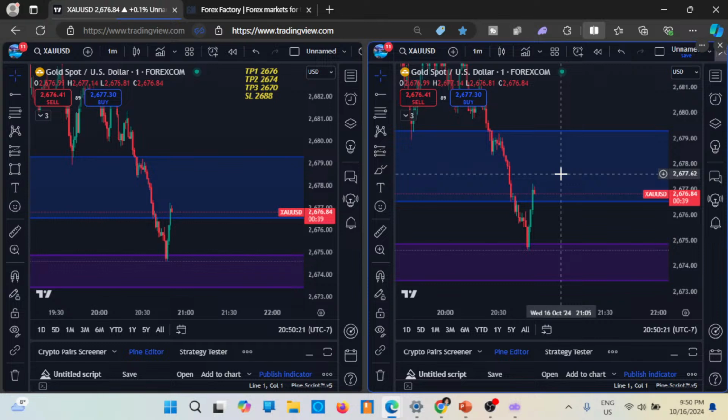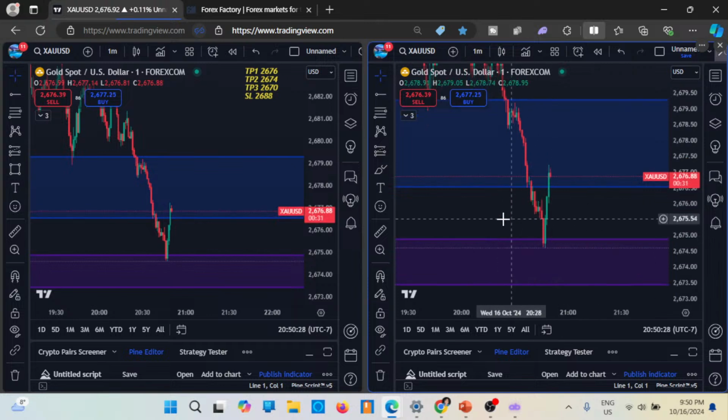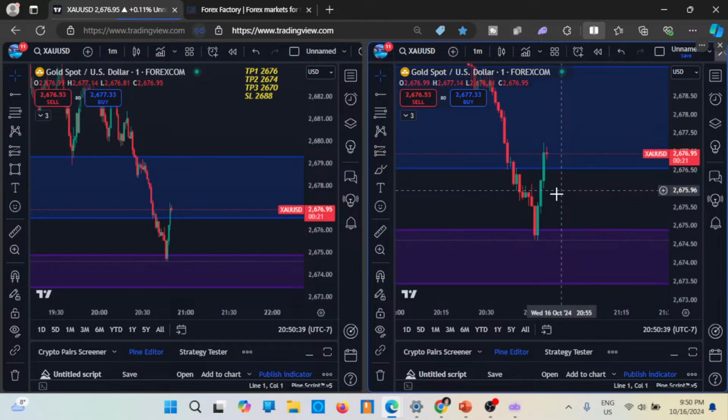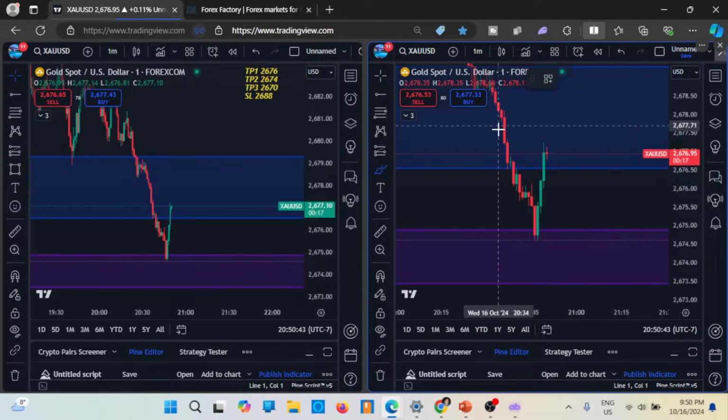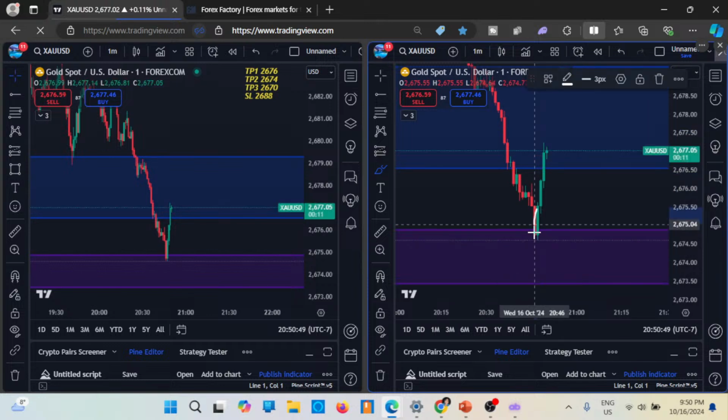How do you confirm that the support is holding? Great question. So what I use for confirmation, I just need to see a bullish candlestick, a bullish 1 minute candlestick. Once I see that, that is my confirmation to go ahead and buy. That's my confirmation that the price is holding that support. As you guys can see, as the price was heading down, the moment it got to this support, the next candle here was bullish.